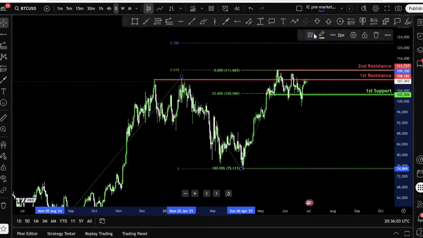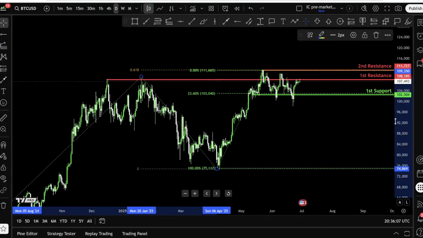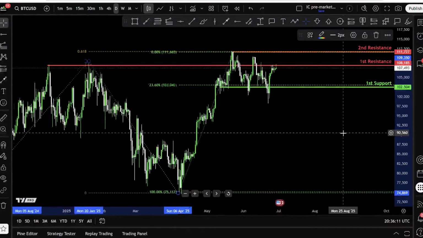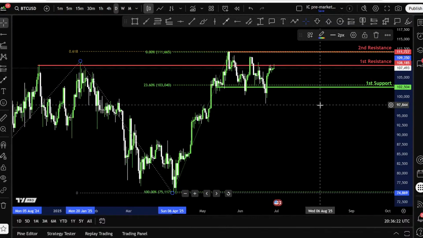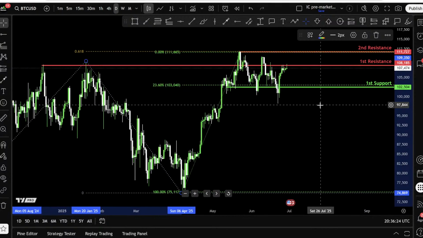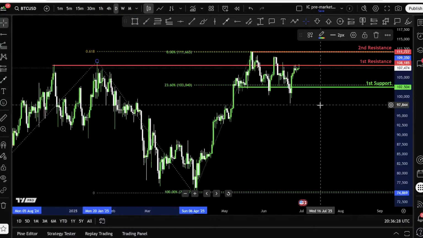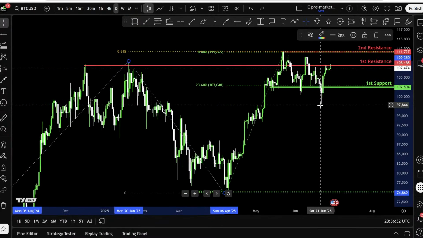Okay, my 61.8 lines up nicely. I think that's all the levels we have.